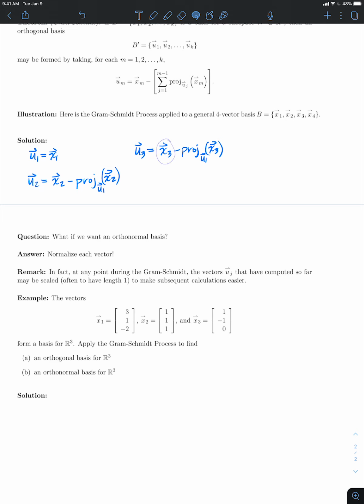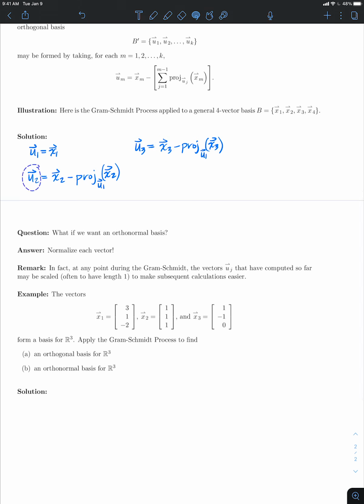But we also need to take into account that there could be a piece of x3 that's parallel to not x2 anymore, but u2. There could be a piece of x3 that's parallel to u2. So we need to throw that part away. So you're also going to subtract another projection: the projection of x3 onto u2.